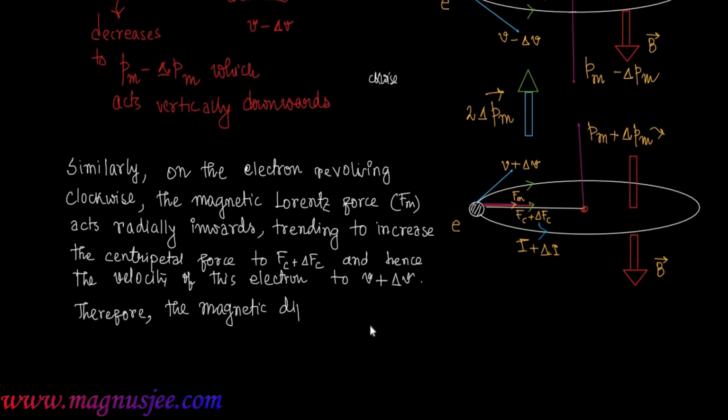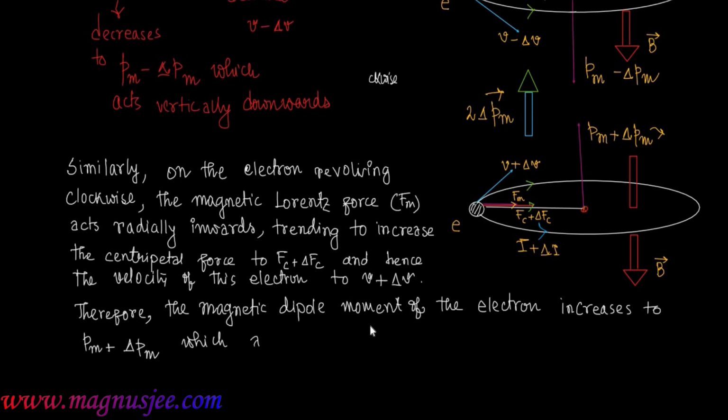Therefore, the magnetic dipole moment of the electron revolving clockwise increases to Pm plus delta Pm, which acts vertically upwards.